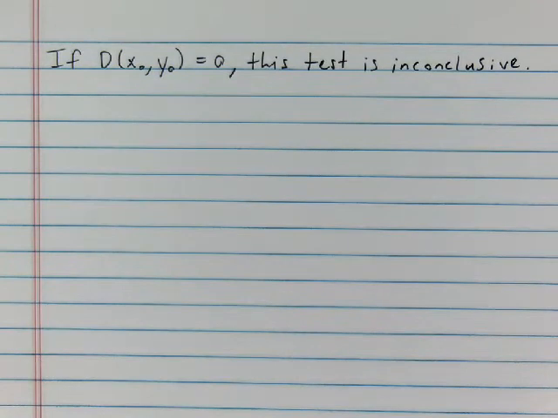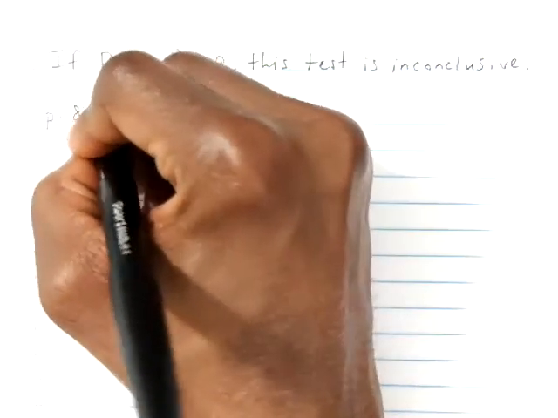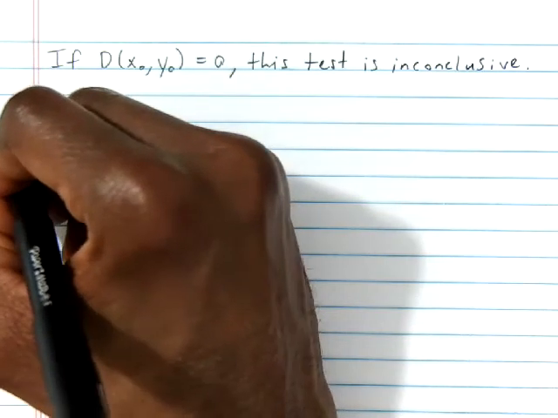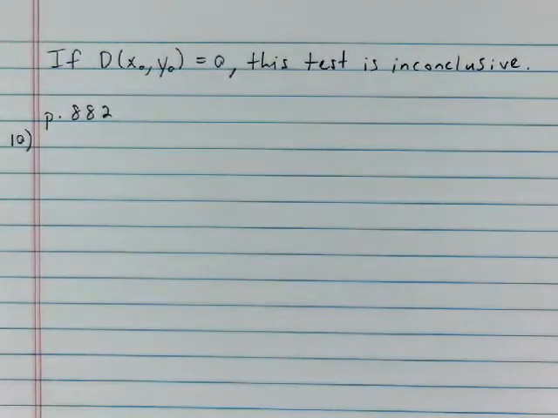All right, so now let's look at an example from your textbook. We're on page 882, and we're going to look at number 10, which says in exercises 1 through 23, find all critical points, determine whether each critical point yields a relative maximum value, a relative minimum value, or a saddle point.